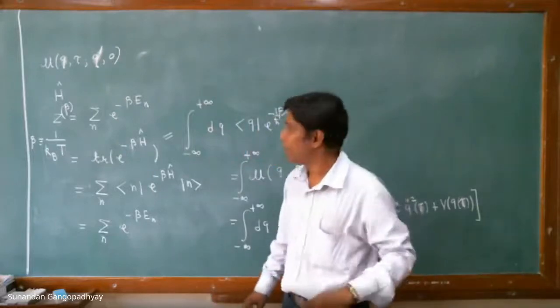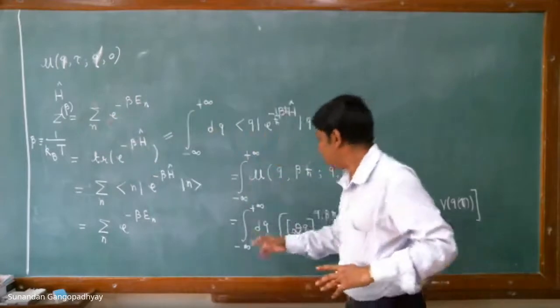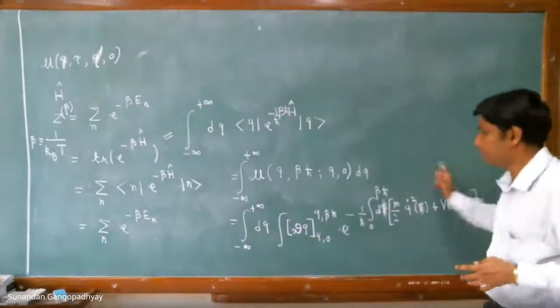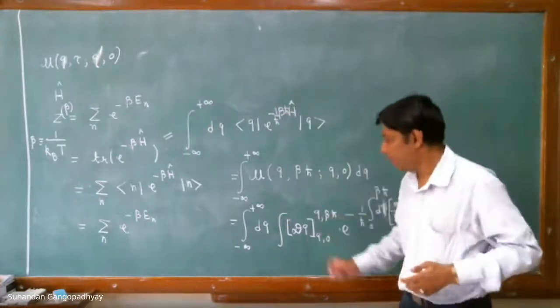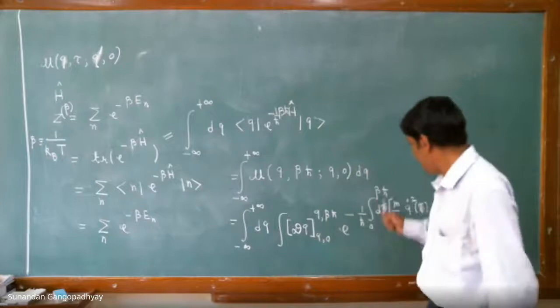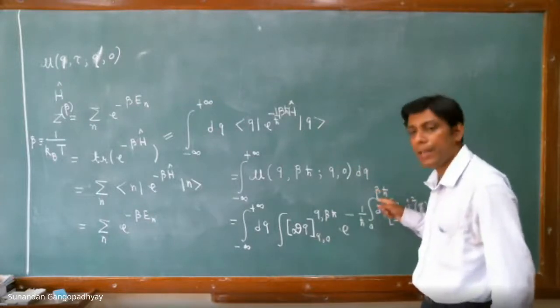Here you find that you have one spatial dimension, and this beta h bar is basically h bar by kBT.